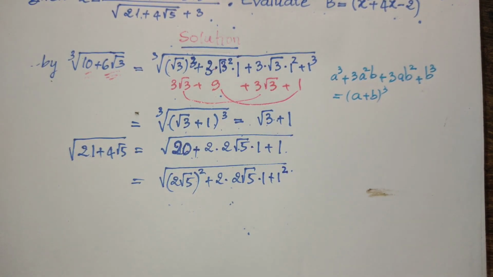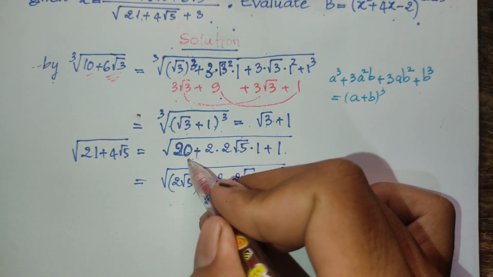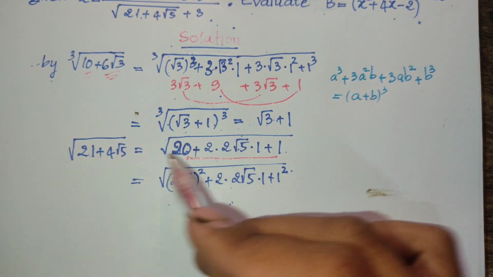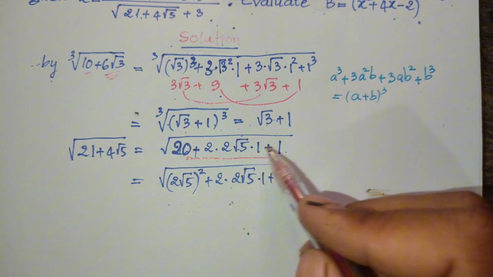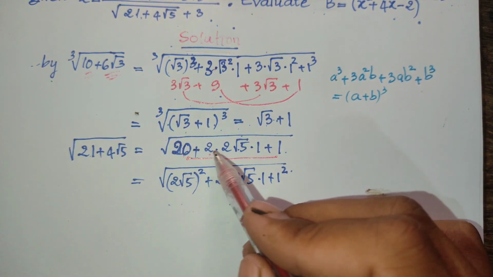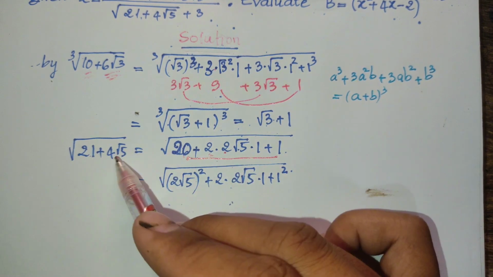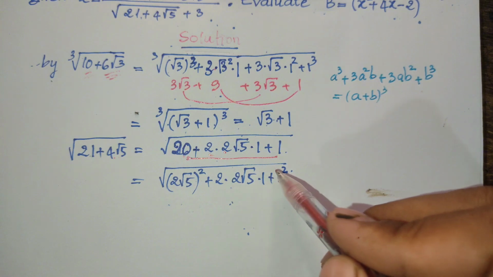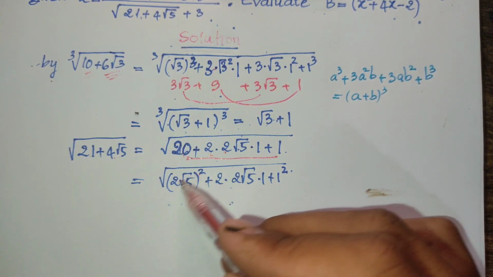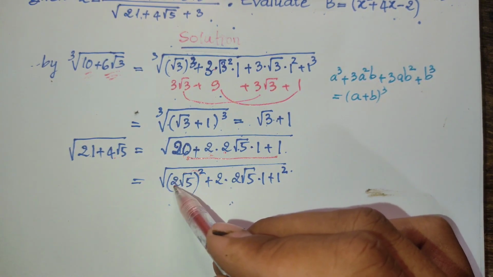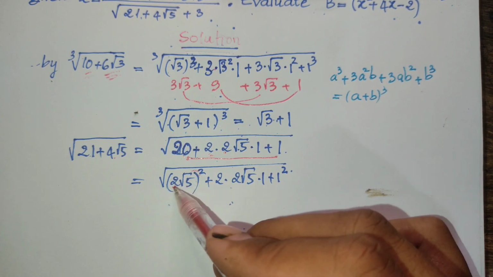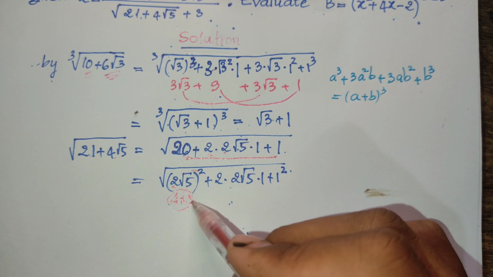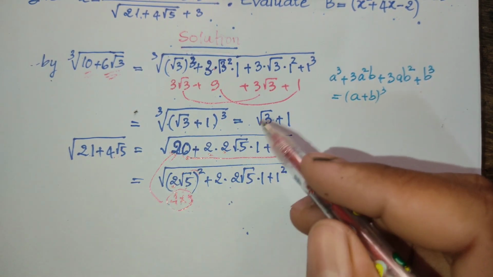Let me see this. We know that 21 is 20 plus 1, and 2 multiplied by 2 we get 4, and square root 5 multiplied by 1 we get square root 5. And also, 2 squared is equal to 4, and 4 multiplied by 5 we get 20.